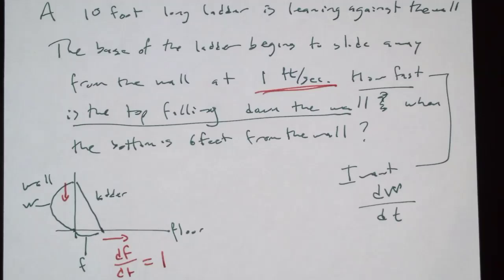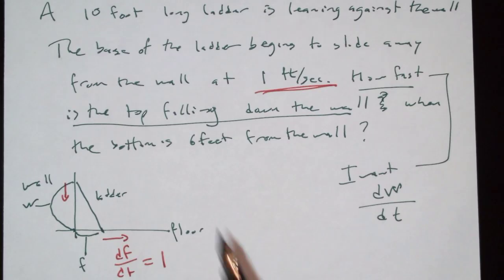Okay. I need some more information. What about the 6 or the 10? Which do you want to do next? Six. So what is the 6? It's when the bottom is 6 feet from the wall, which variable does that go with?